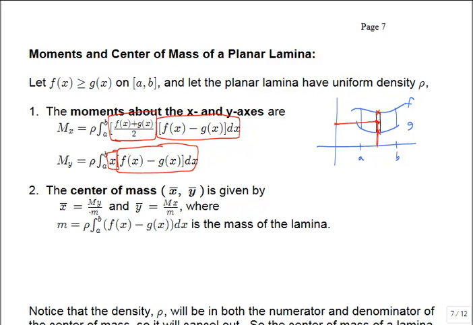So if you rewrite these formulas, then x bar is going to be the moment of y over m, and that's going to be all of this, so rho times the integral from a to b of x times f of x minus g of x dx, all over the total mass, which is our density times our area.